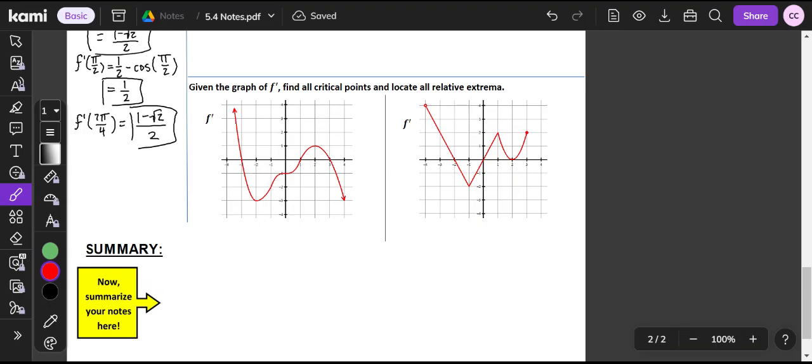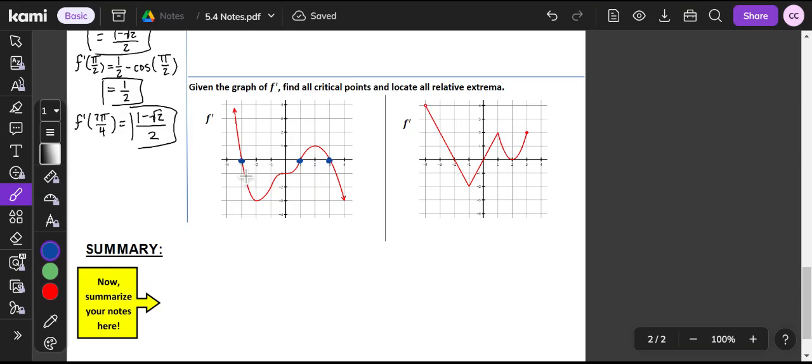You're primarily looking for where the slope is 0. So in these types of problems, the critical points are not the hills and the valleys. The critical points are actually wherever the graph hits 0. Because if this is a graph of the slope, you want where the value of the slope is at y equals 0. So in this first one, I have 3 critical points.